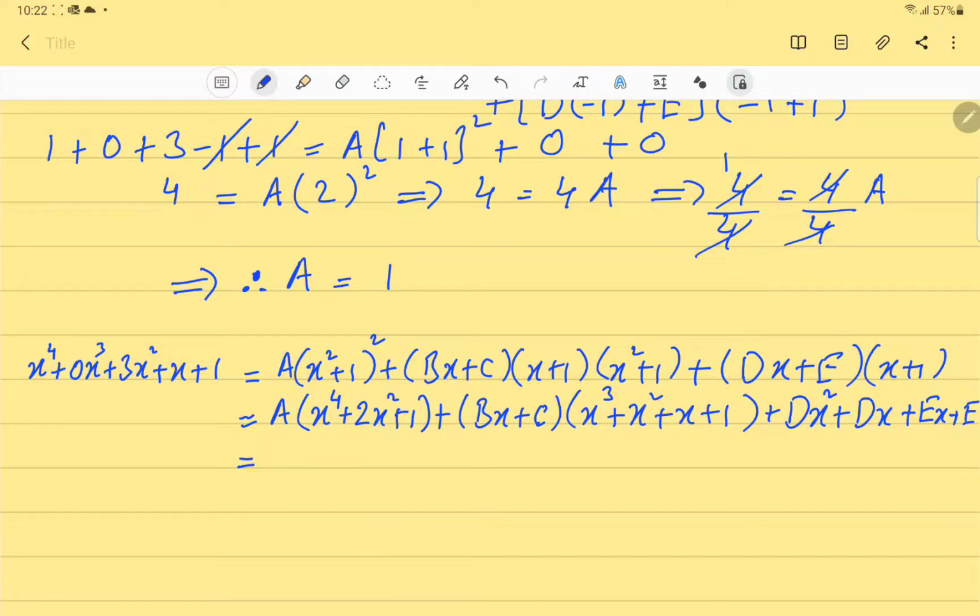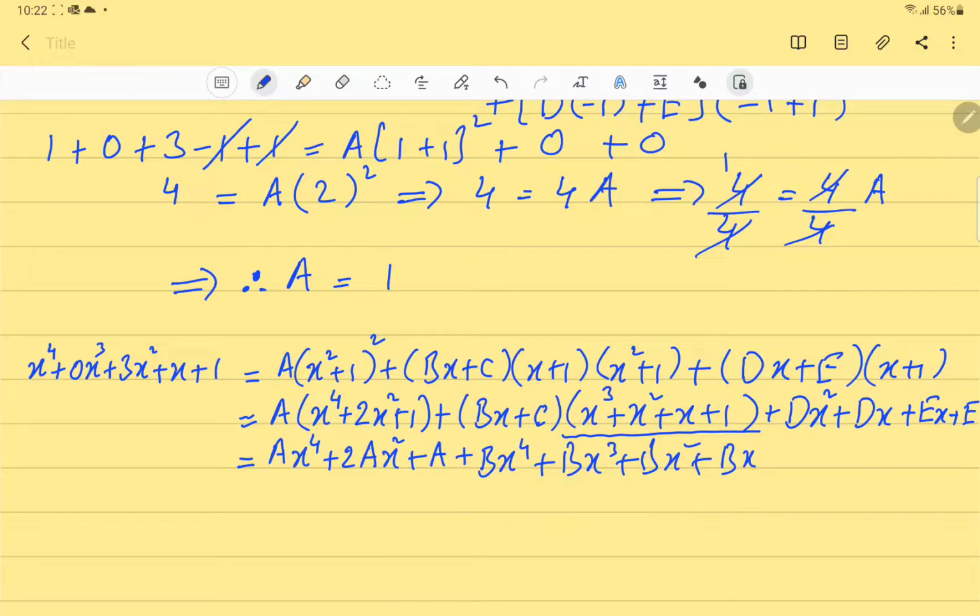Okay, now we will have ax4 when we multiply a with all the terms inside, so we will be having 2ax squared plus a. Now we will multiply bx with all these terms one by one, so it will be bx4 plus bx cube plus bx squared plus bx. Then we multiply c with all this.